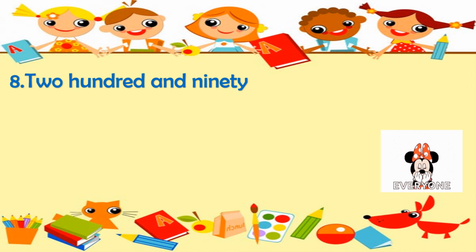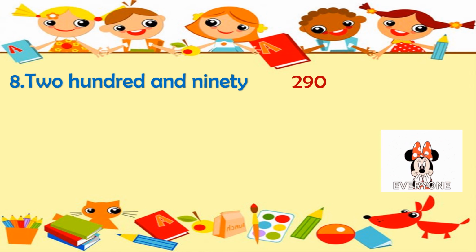Students, how can you read these words again? 290. Excellent, students. But how can you write 290 in number symbols? 2, 9, and 0. Very good.